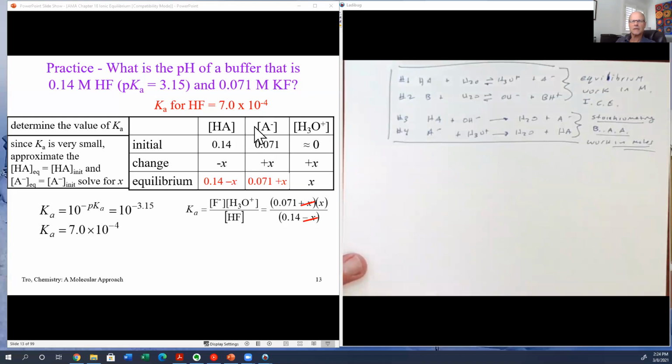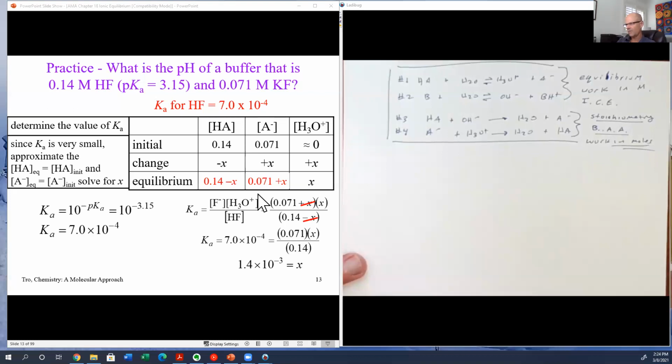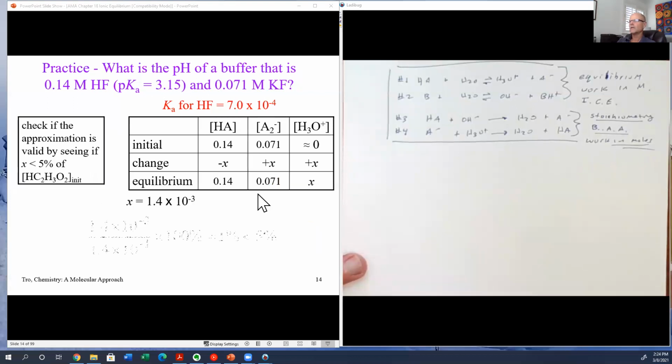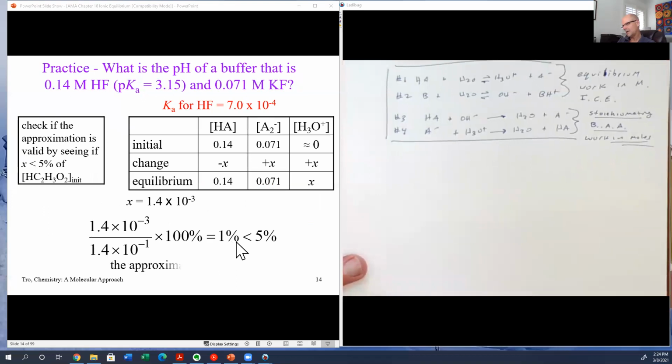So the X is small approximation is even more valid in buffers than in just pure acid or pure base. You solve that for X, and you get that X is equal to 1.4 times 10 to the minus 3 molar. We can check the X is small approximation, and we find that it's fine. It's equal to 1%, so we're good on that.